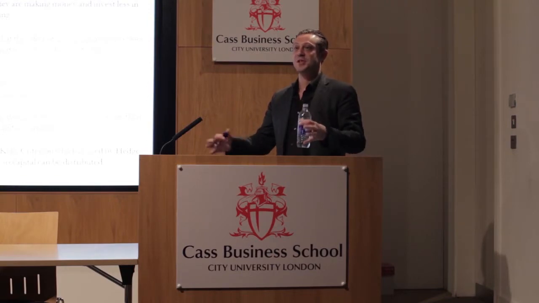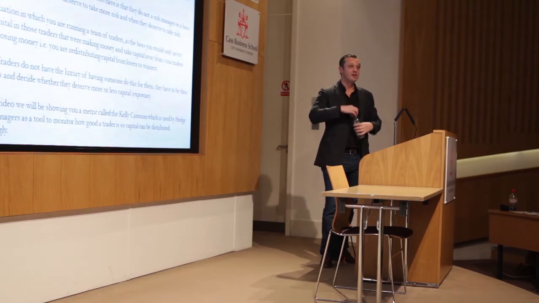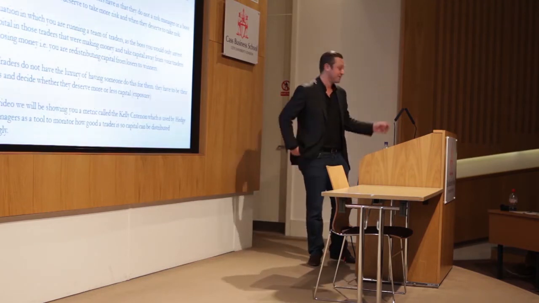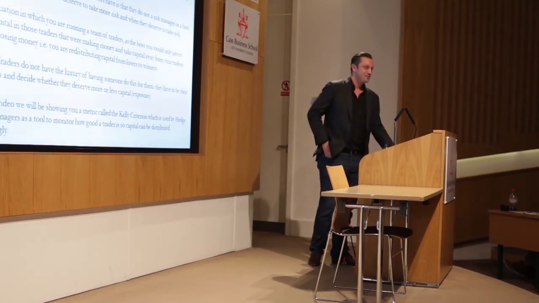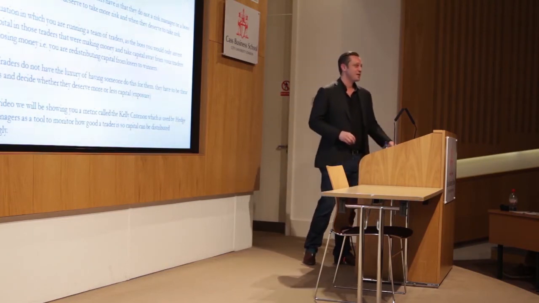A hedge fund manager who has traders working for them trades their traders as positions. Hedge fund managers trade humans, or hopefully non-humans. What does a fund of funds manager do? Trades humans that trade humans.